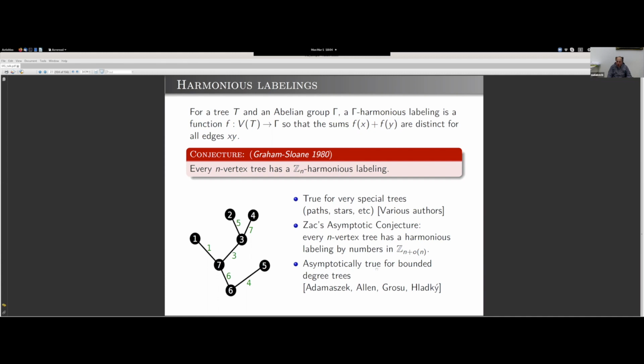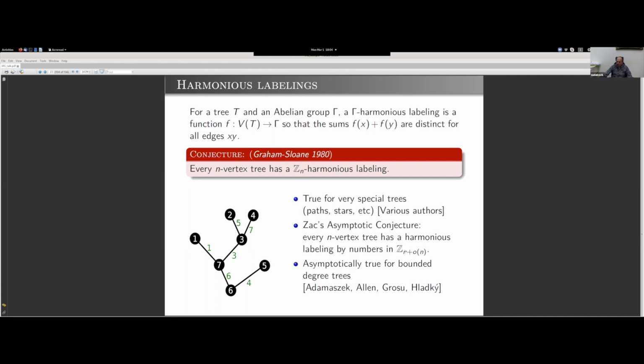But it was known that if you take bounded degree trees, then you can do it. So this is a result of Adamczyk, Allen, Grosso, and Clark, right? So if you take bounded degree trees and you allow me to use labels which are from a slightly bigger group, n plus little o of n, then you can do it.